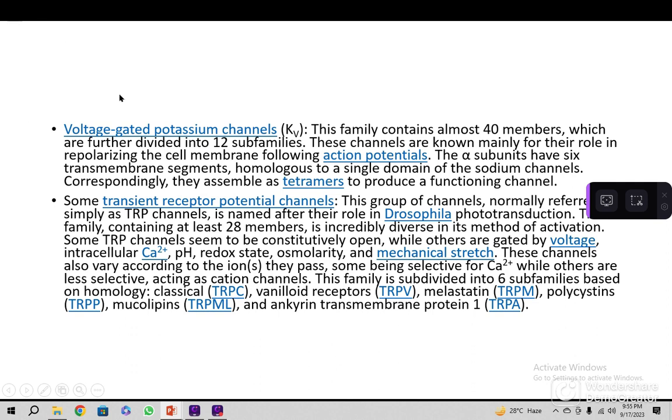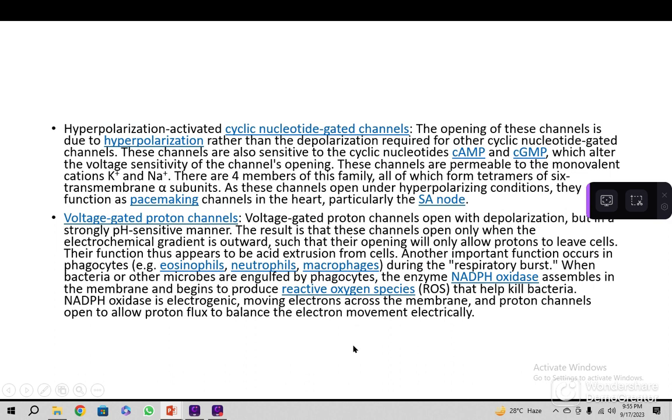It's a big discussion and I don't want to go into much detail, but the concept should be there. There are other gates, such as hyperpolarization-activated cyclic nucleotide-gated channels, and voltage-gated proton channels, which are important for the function of phagocytes like eosinophils, neutrophils and macrophages.